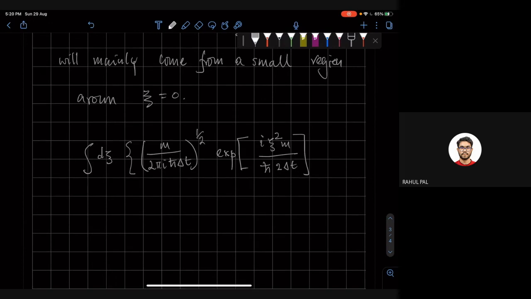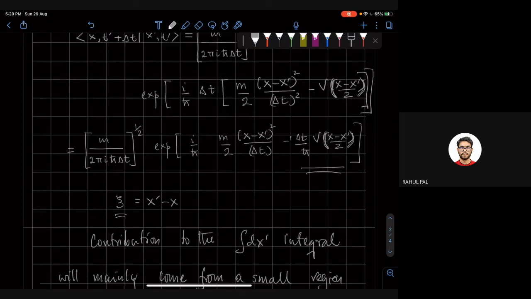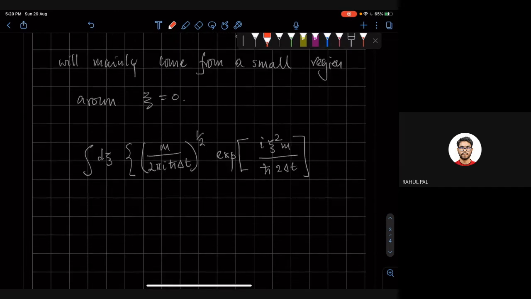But then what I do is that I then expand the exponential containing this thing, okay? Because we are taking delta t to be very small. So we first expand in delta t.